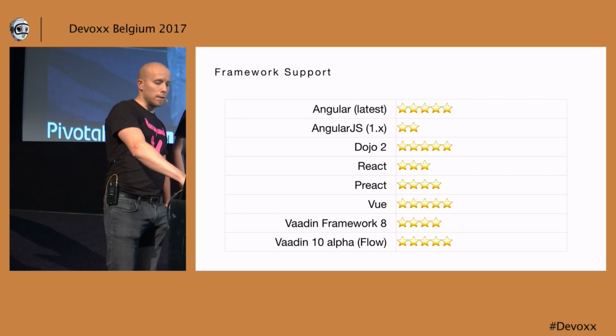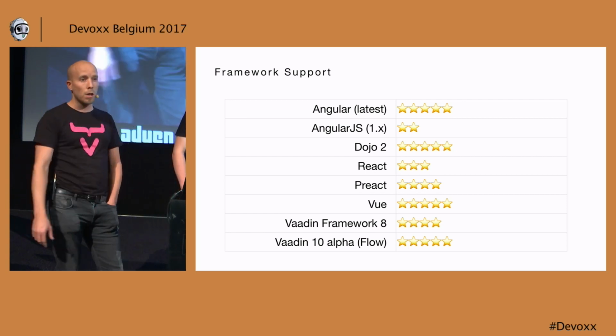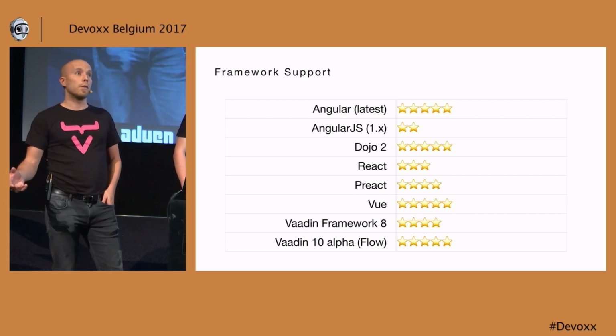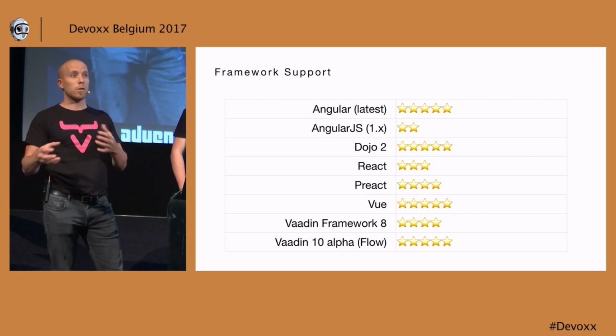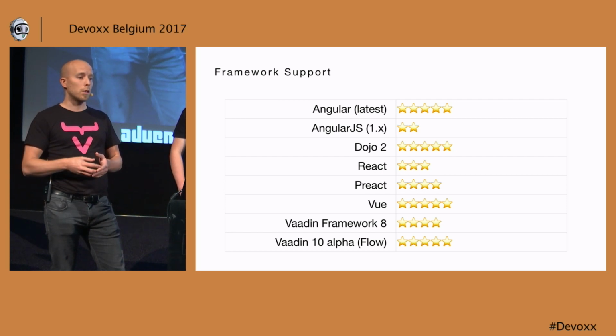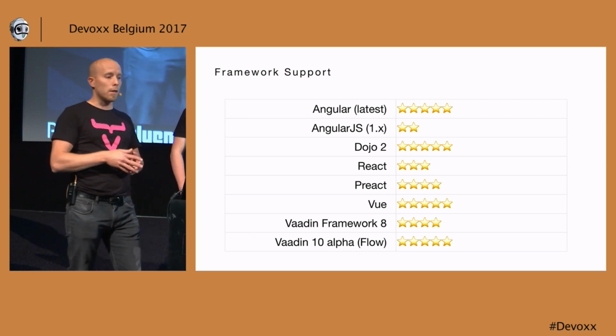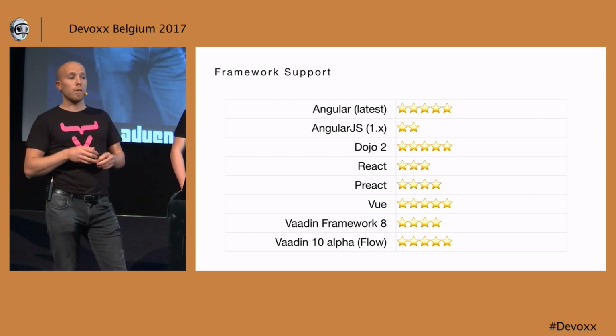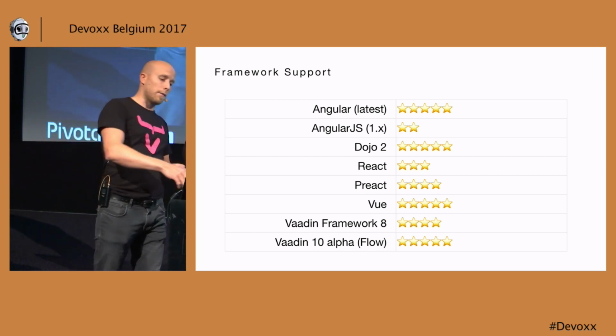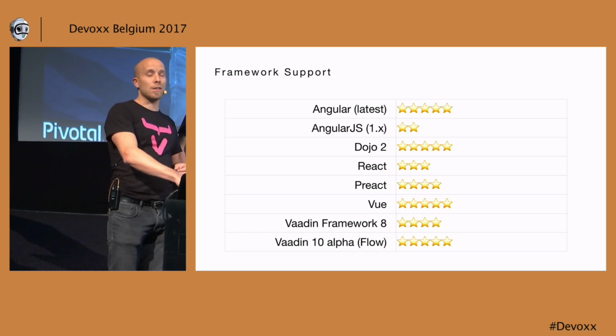But the latest Angular has much better support, and in Vaadin Framework, for example, we have an add-on where you can create custom components for Vaadin using web components. And the next version, which is going to be Vaadin Flow, the Java part of our Vaadin 10, is natively just using web components.